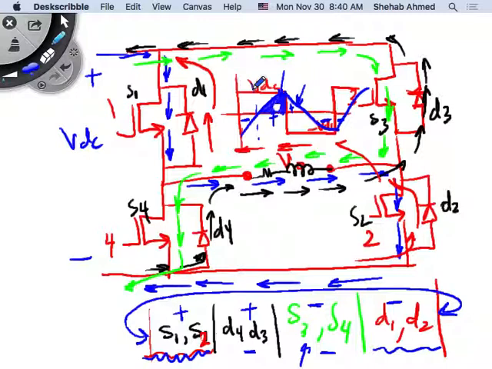So if you limit your switching frequency, you have to live with larger inductors, larger capacitors, right? If you want to maintain the ripple within a certain value. Basically you will limit switching frequency, and you will have to live with larger reactive components.